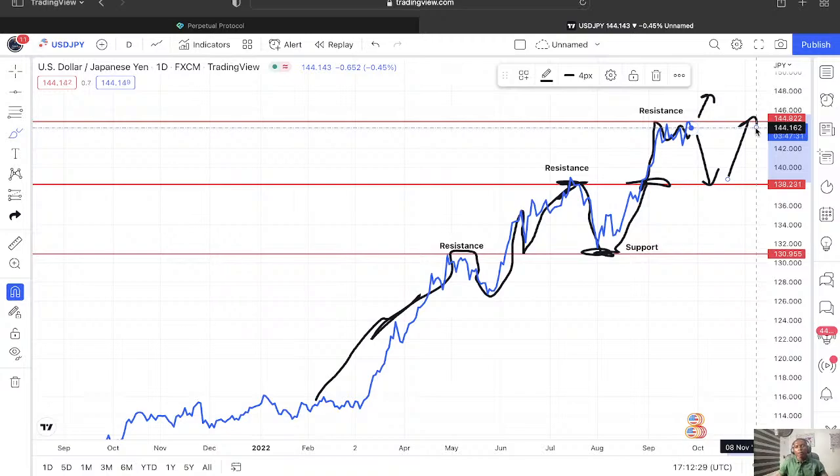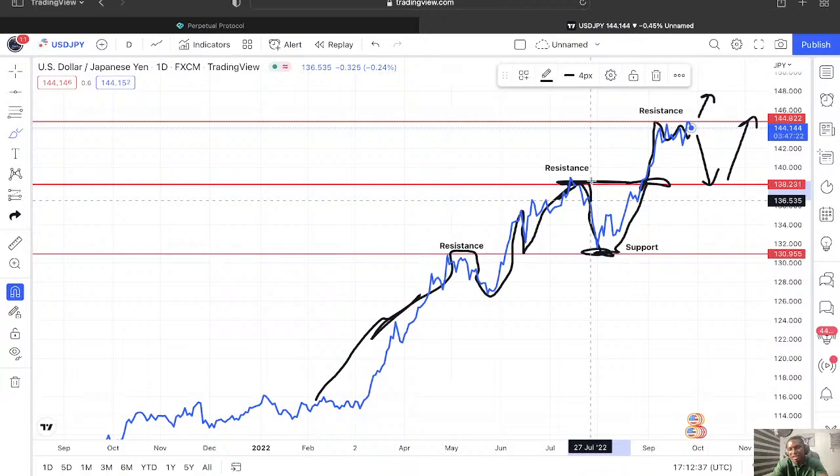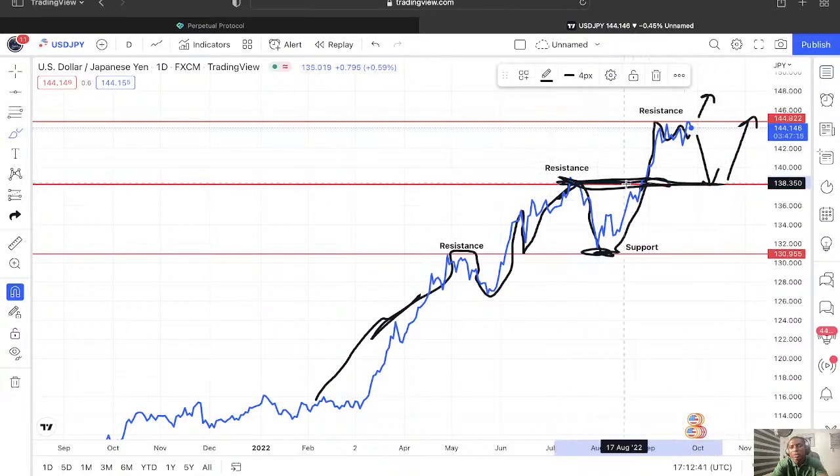Price might calm down to retest this level, because definitely this level is a resistance level turned support, and price had not come to retest that region. Price might most likely come back to retest this region, to check out how solid that level is.